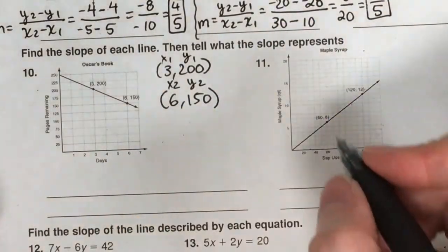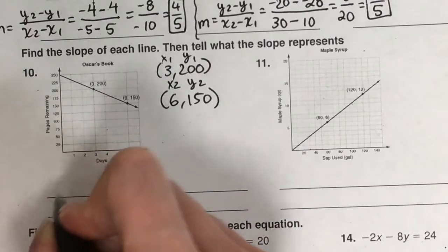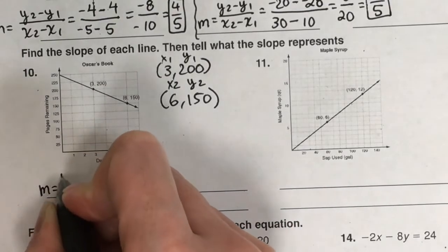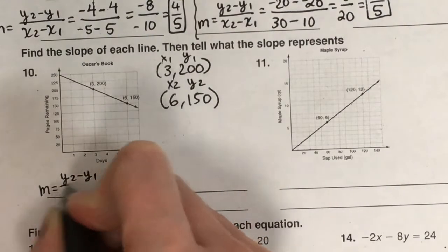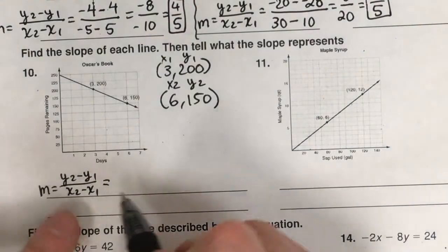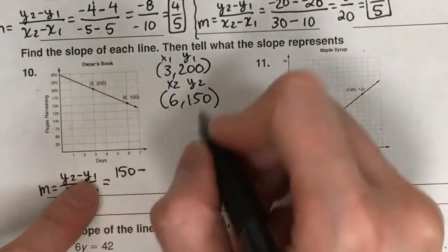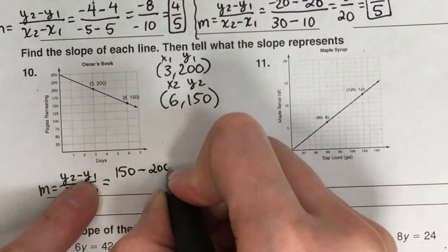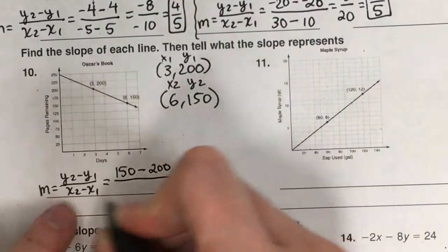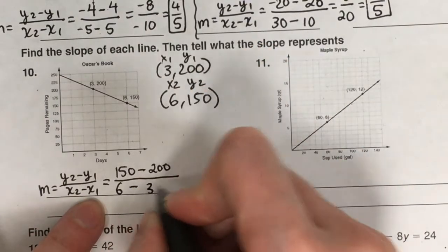And let me do my work. So m equals y2 minus y1 divided by x2 minus x1. And y2 is 150, minus y1 is 200, divided by x2 is 6 minus x1 is 3.